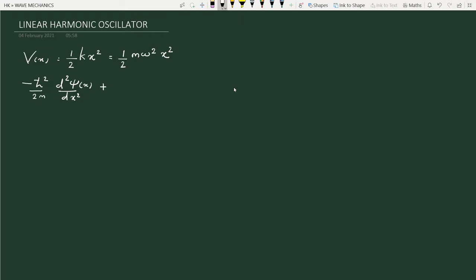So minus h cross square by 2m d square psi by dx square plus V psi, where the potential energy is half m omega square x square, psi is equal to E psi of x. So this is our equation 1, the time independent Schrodinger equation.